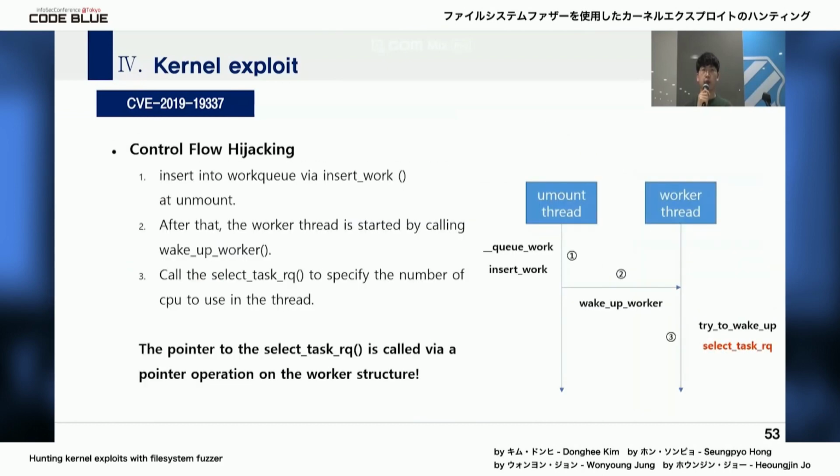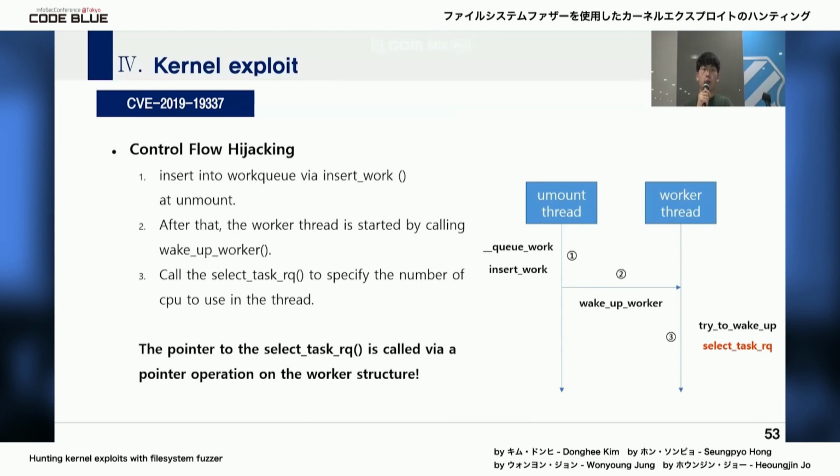Through the analysis, it was confirmed that the following actions were performed. First, it inserts a structure pointer into the work queue through the insert work function that is called upon unmounting.